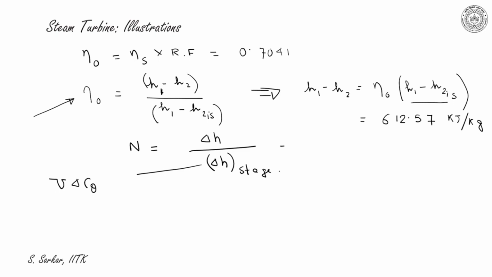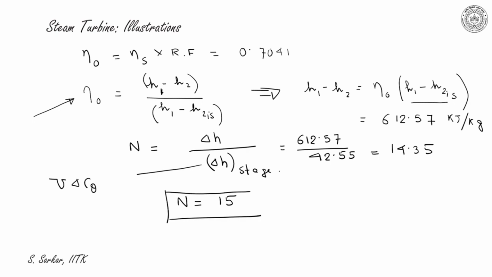So this would be equal to 612.57 divided by 42.55, which is 14.35. The number of stages cannot be a fraction, so it would be the nearest whole number, n equal to 15. So I have solved the required number of stages, which is 15.